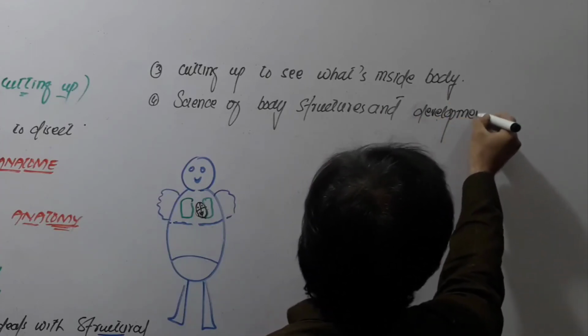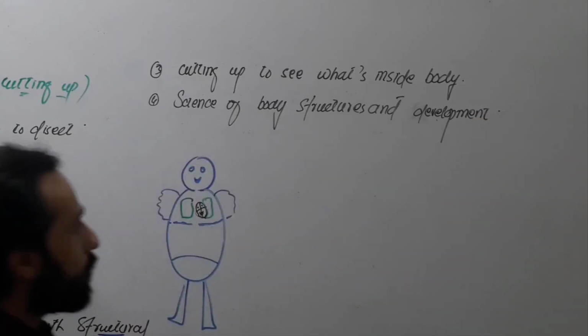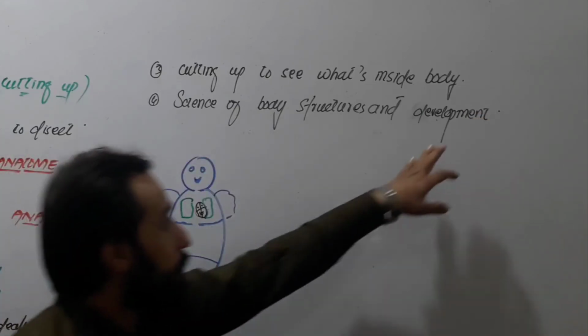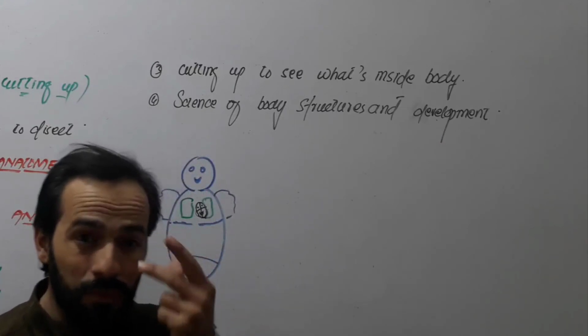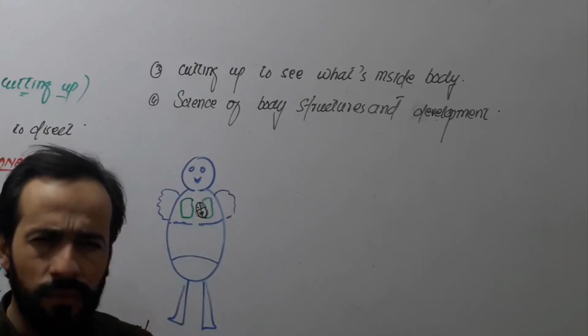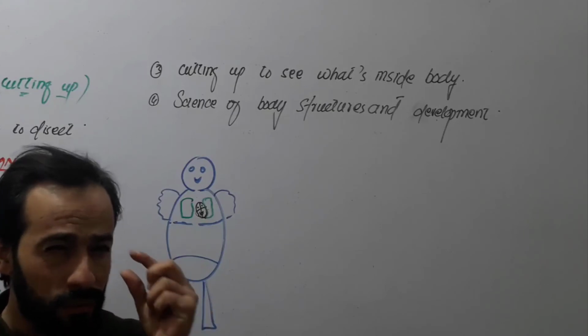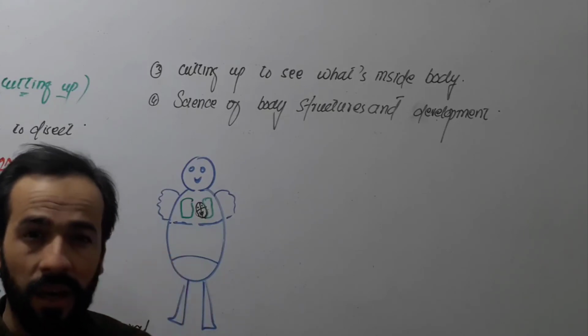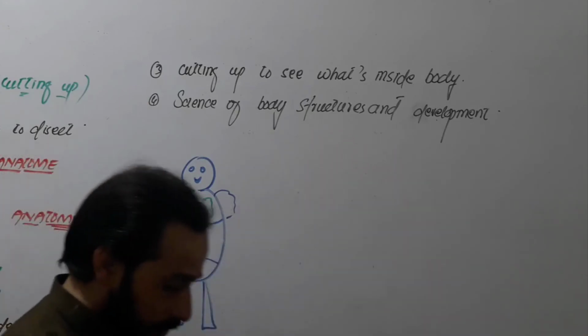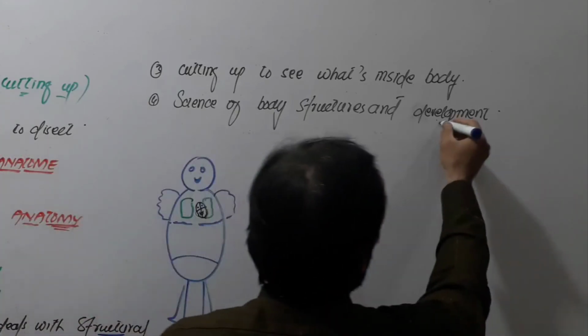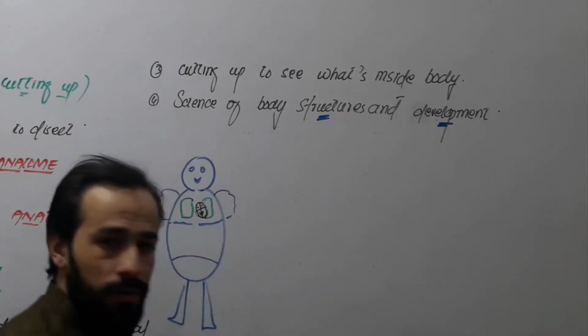It also means anatomy. Look, how does the body develop? Development means how the body forms. What is the composition of the eye? How does the eye form? What are the different things which are combining and making the eye? Right, friends? So anatomy deals with the development and structures of the body.